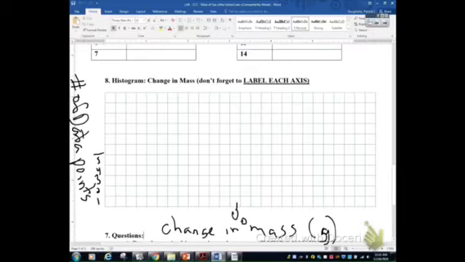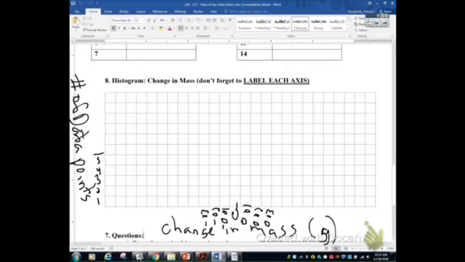So this first box after that 0, we can make it 0.01. So say someone's mass went up by 0.01 grams, that's where we'd put a box. Or if they went up by 0.02 or 0.03 and so on. Now on the left hand side, it's just going to be going negative. Negative 0.01, negative 0.02, negative 0.03 and so on. You can fill in more of those.